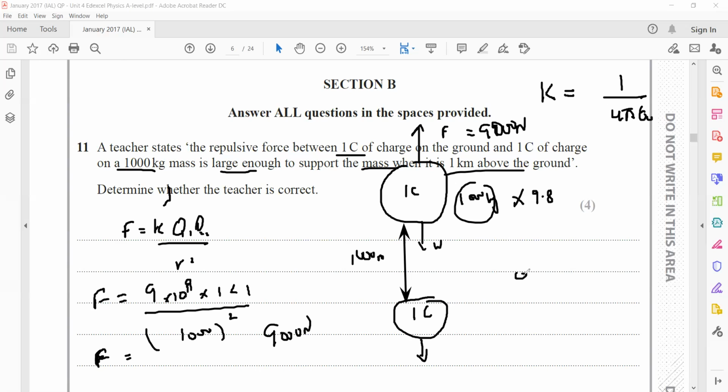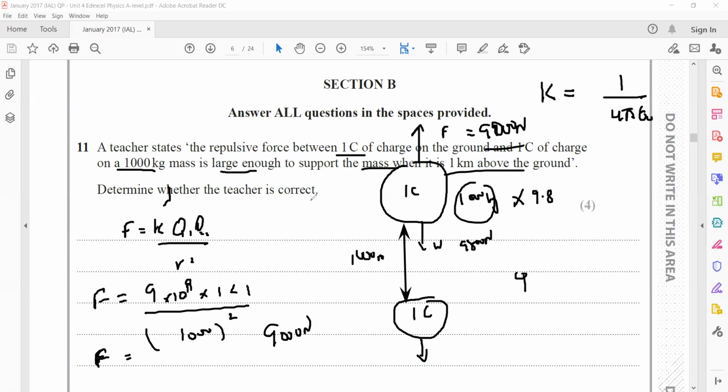So you can see the weight is higher. The weight is 9,800 Newton and the electrostatic force is 9,000. So means this force is not sufficient or enough. The electrostatic force or repulsion is not sufficient to support this mass of 1000 kilogram.